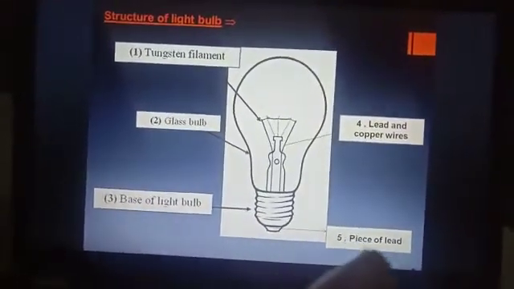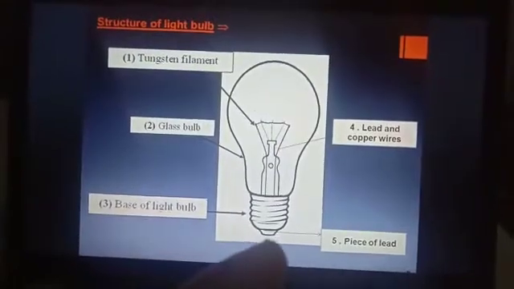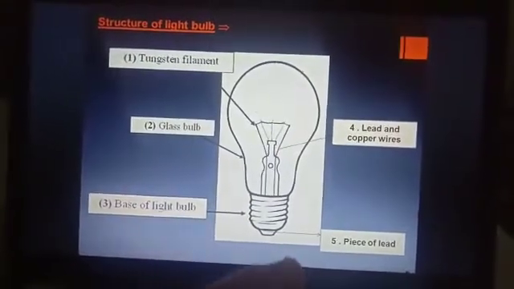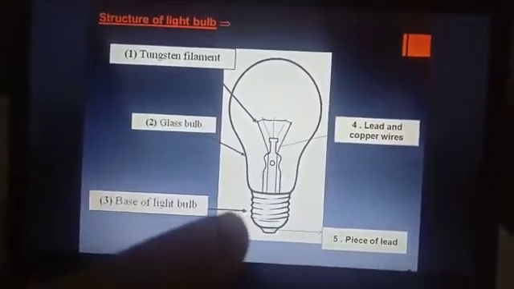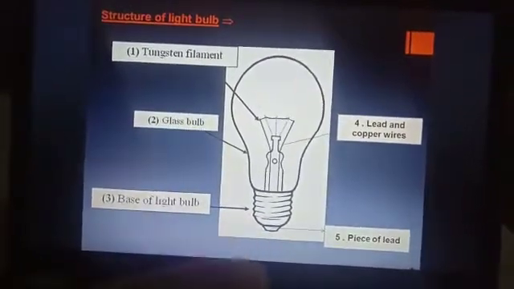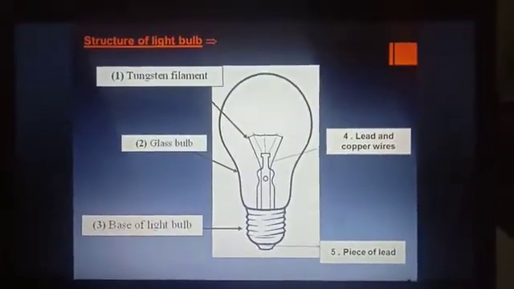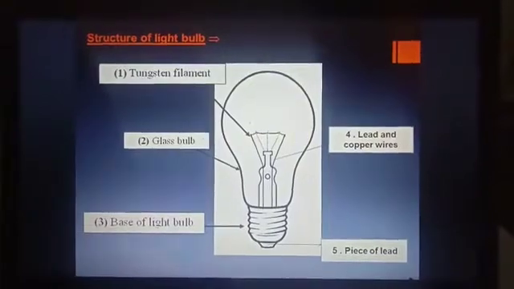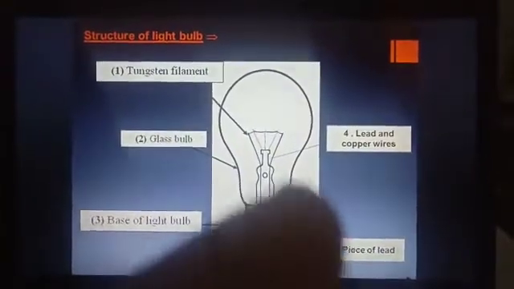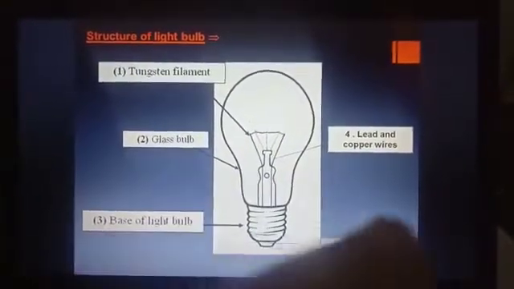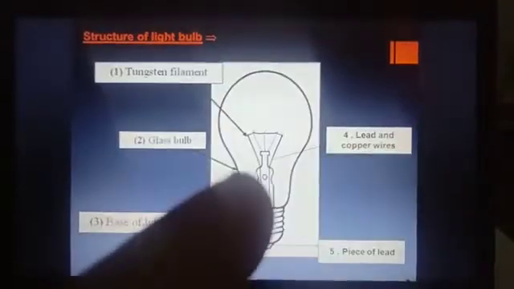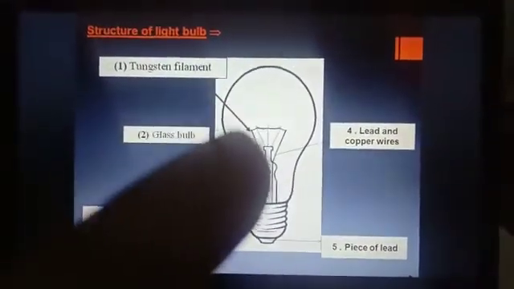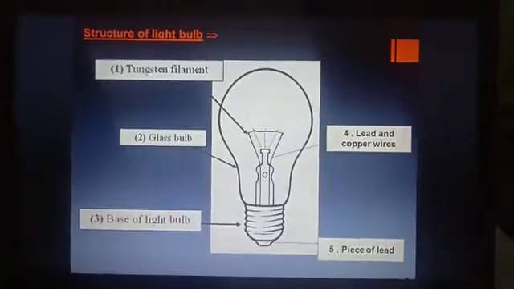Number 5, piece of lead. This piece of lead lets the electric current pass from the socket to the base of the light bulb. So it's like a series. First, the electric current passes from the piece of lead, then the base of the light bulb, then to the lead and copper wires, until it reaches the tungsten filament.